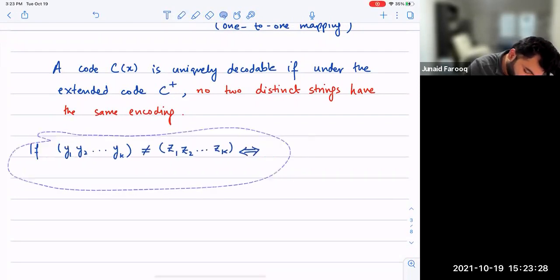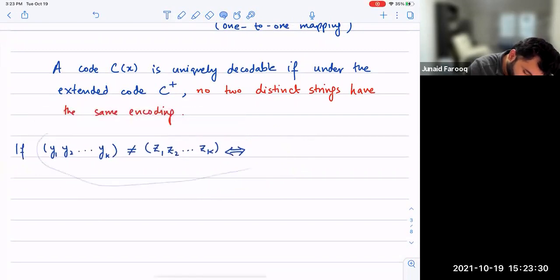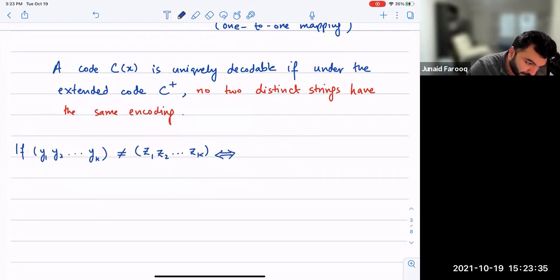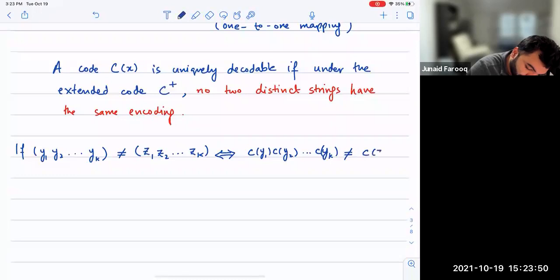It's a subtle thing, but you have to pay attention to it when applying this. So that means C+ of y1, y2, ..., yk is not equal to C+ of z1, ..., zk.